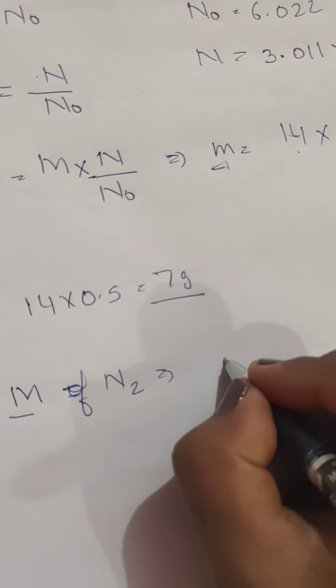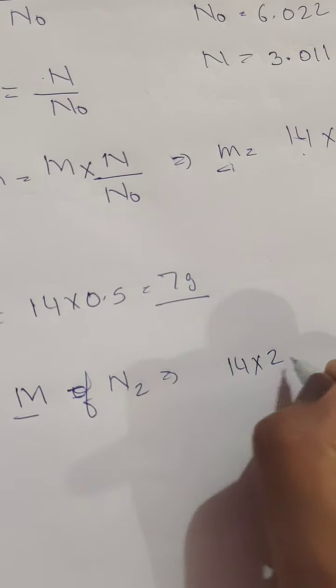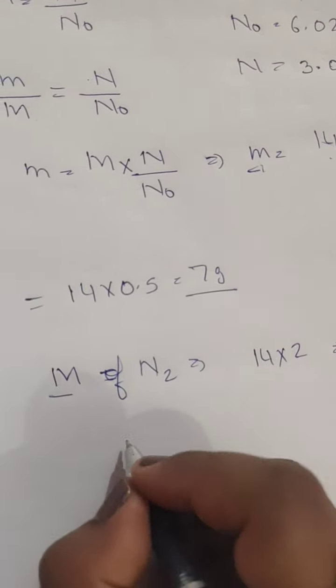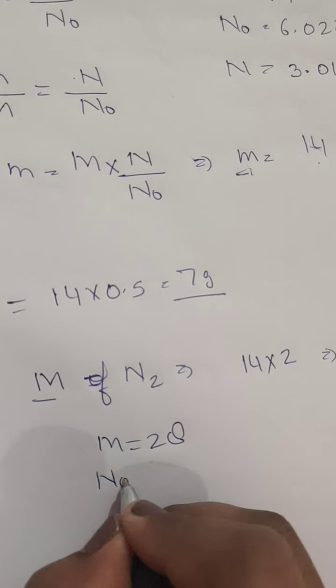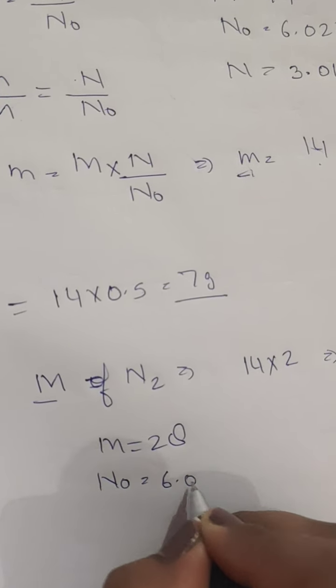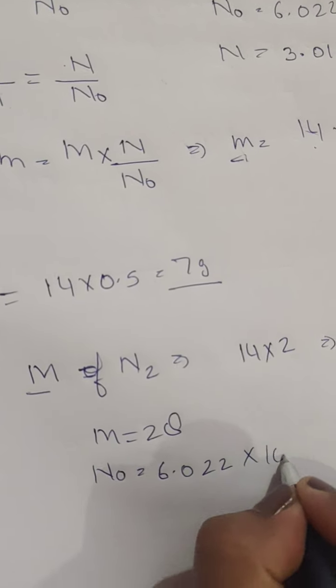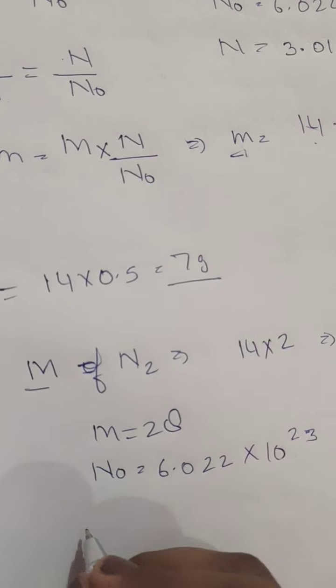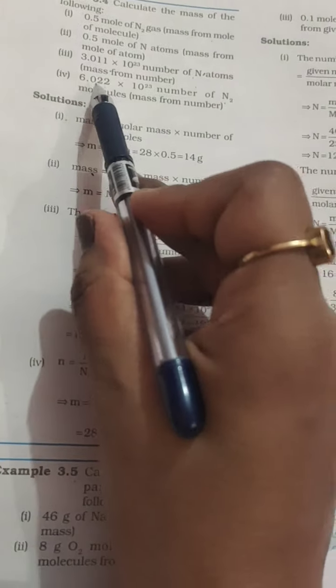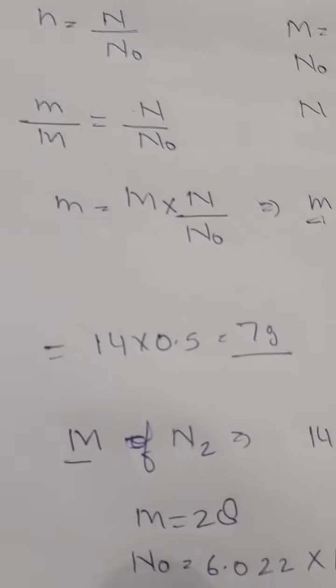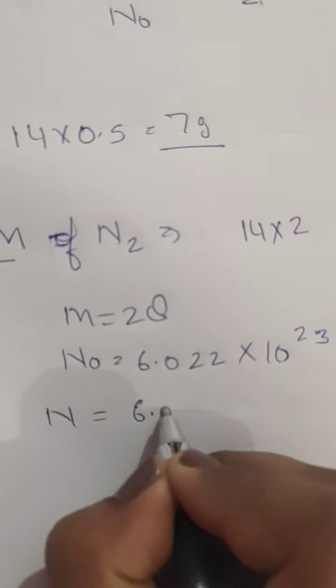So it will be 14 into 2, that is 28. So M equals to 28, and N naught will remain same, 6.022 into 10 to the power 23, and N is also given. N is 6.022 into 10 to the power 23, so it is same.